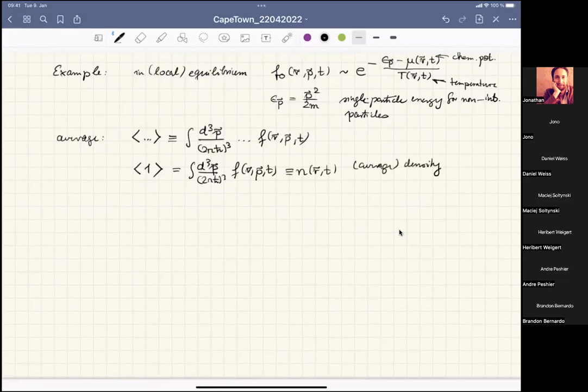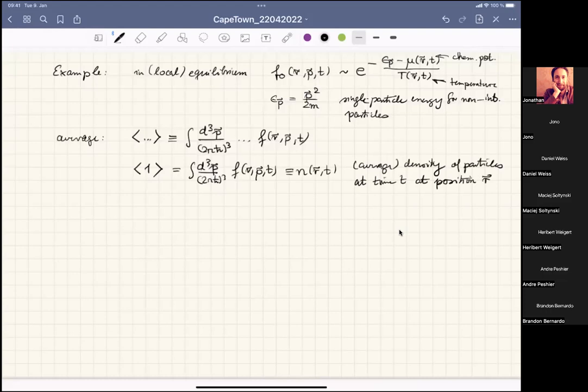The dimensionality of this object is density, or 1 over volume. It's the density of particles which are located at time t at position r. This is very clear from dimensions.